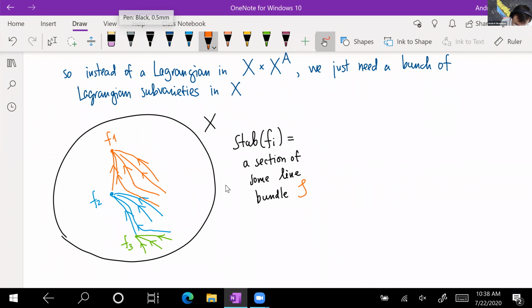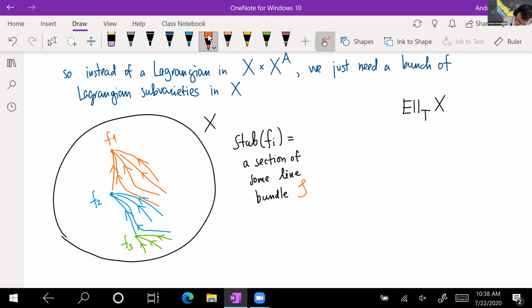So if we now look at the elliptic homology of X, what would it look like?